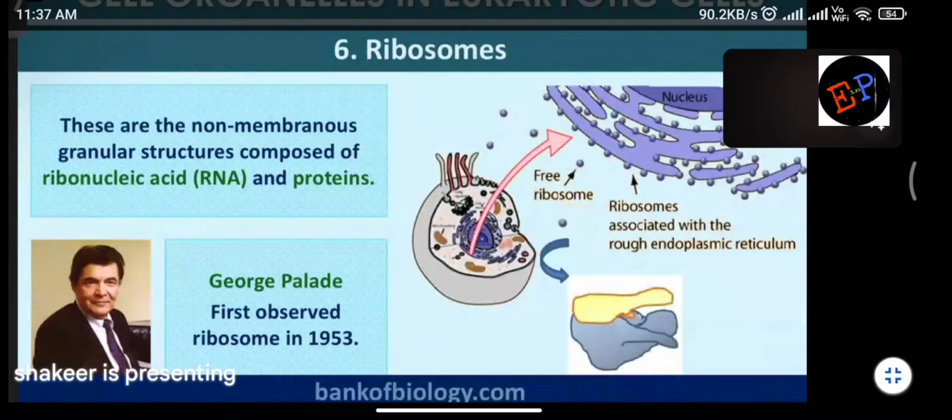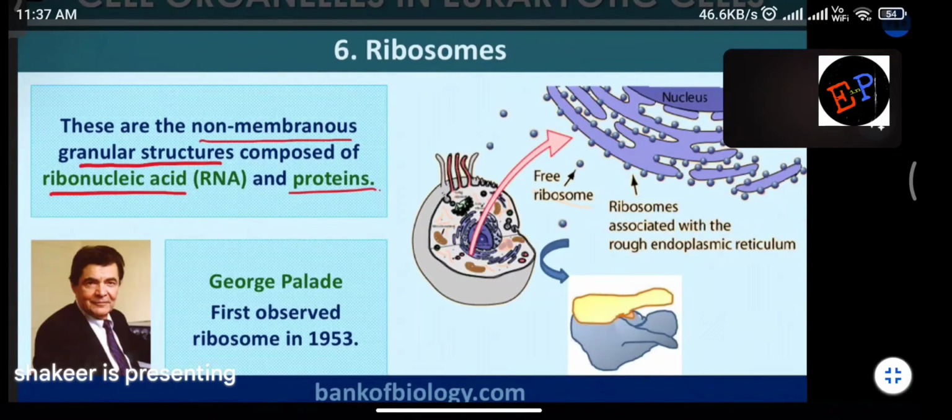Next. So these are the next organelles we are studying, ribosomes. These are non-membranous granular structures composed of ribonucleic acid and proteins. So ribosomes basically contain what? They contain RNA and they contain proteins.